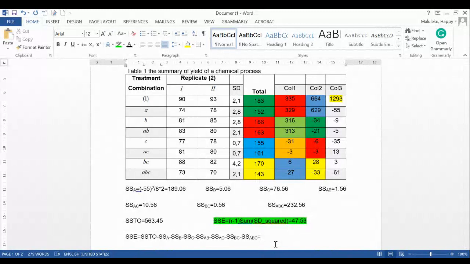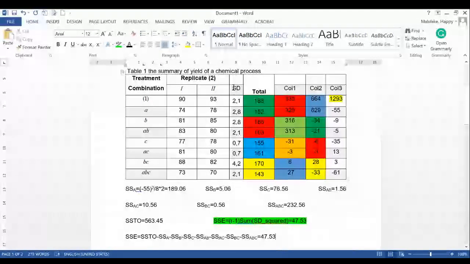What are we having, guys? 47.53, right? So it means you have to be strategic when you're given this type of problem.